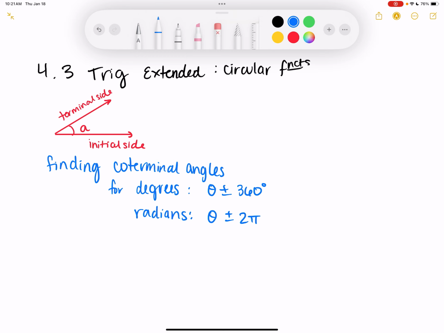In quadrant 2, sine is positive, cosine is negative, so tangent is negative. Quadrant 3, sine and cosine are both negative, so tangent is positive. And then quadrant 4, cosine is positive, sine is negative, so tangent is negative. So it's all the stuff that you already know from your unit circle, so I don't feel like you need to write all of that down, but anyways, just something to think about.